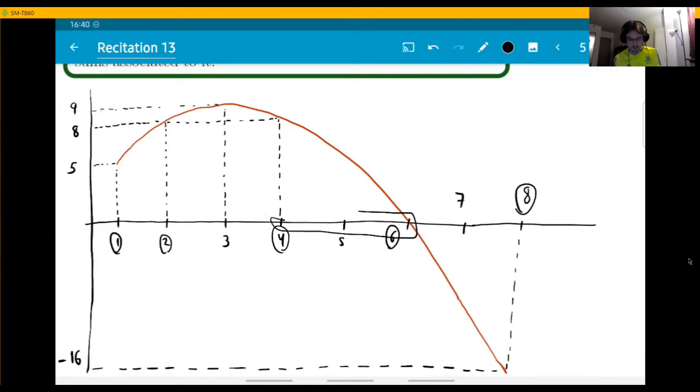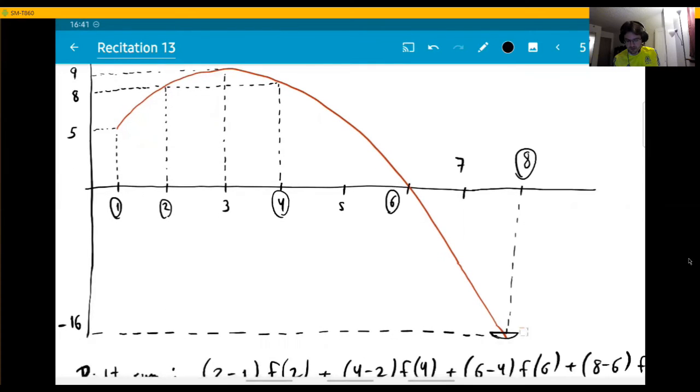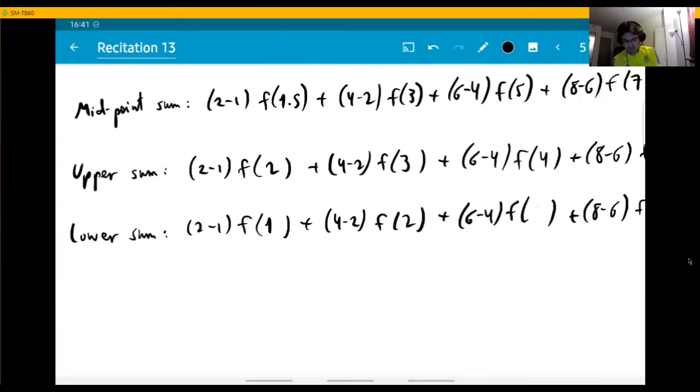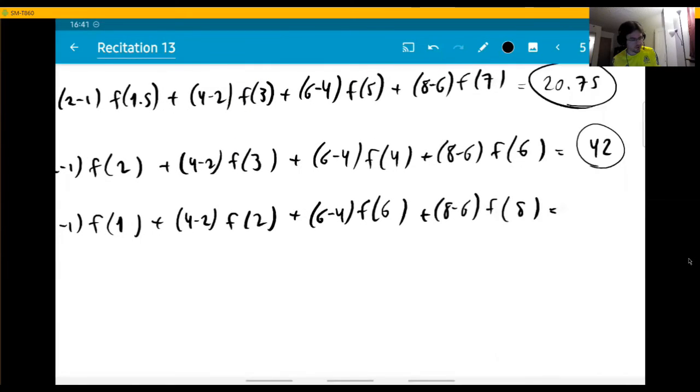On the third interval from 4 to 6, the smallest value that we find is 0, which is f of 6. And on the last interval, the smallest value is f of 8, very way down there. So we are going to select 1, 2, 6, and 8. Calculate all this from the function, minus 11.